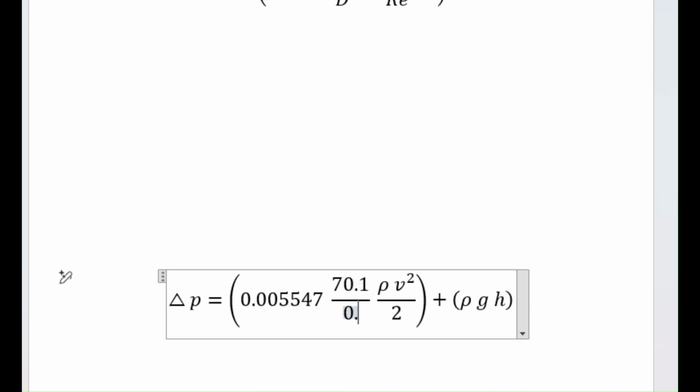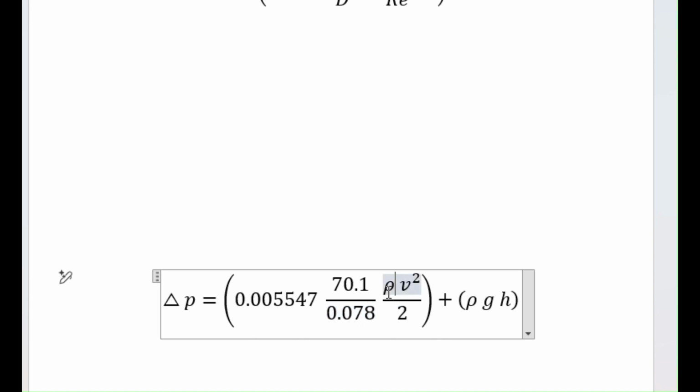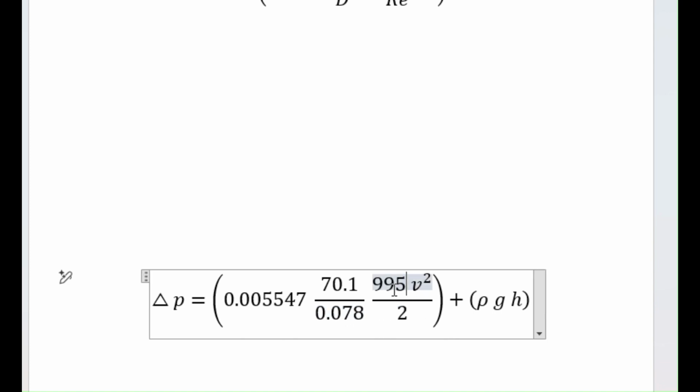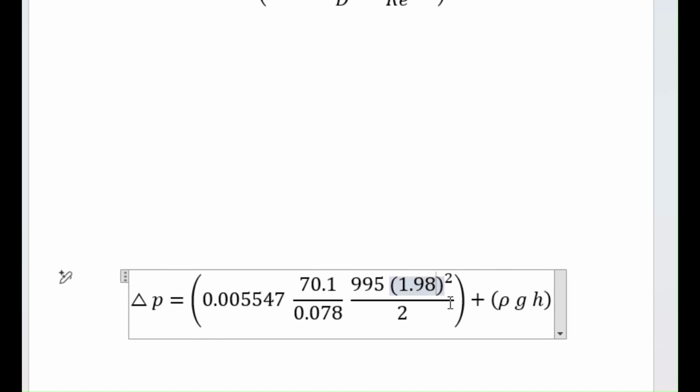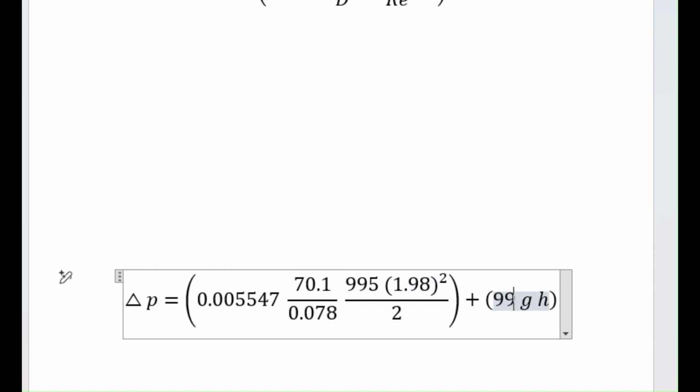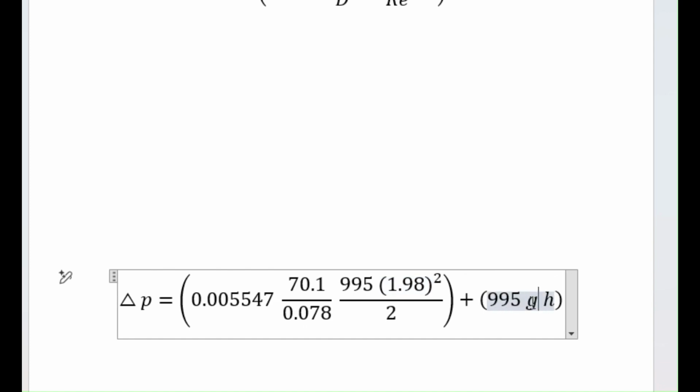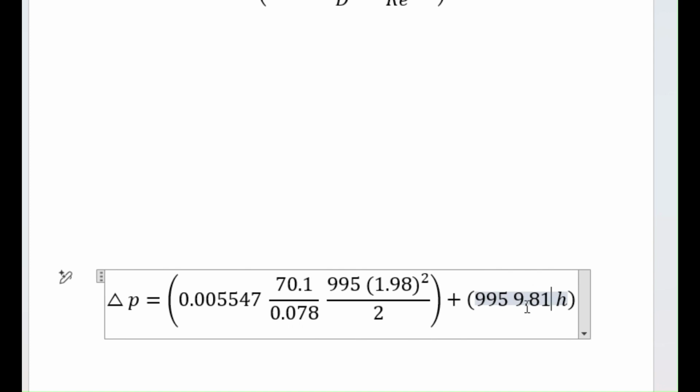And so it's just a matter of plugging the numbers. This one, I think it was 1.98, and 5. And this is the height that the liquid will go to, which was the 18 foot.